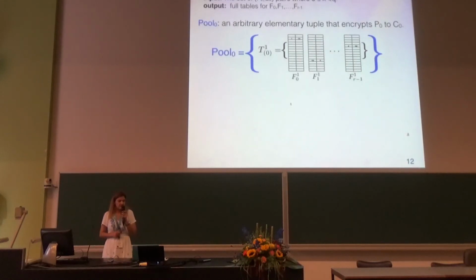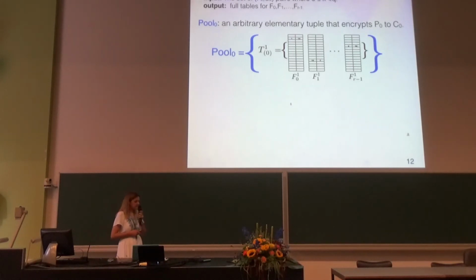Starting the algorithm, it's a known-plaintext attack. I have a set of plaintext-ciphertext pairs as my input, and the size of this set is Q, and I will output the full tables for f0 until fR minus 1, which are the full tables of the round functions.